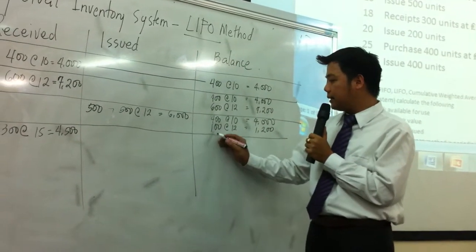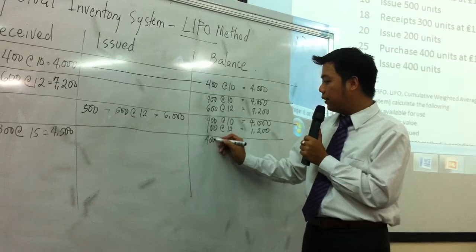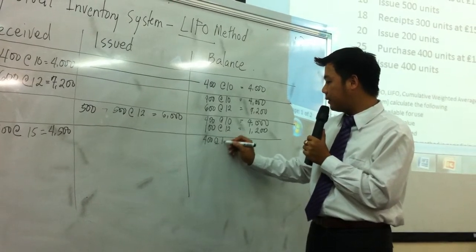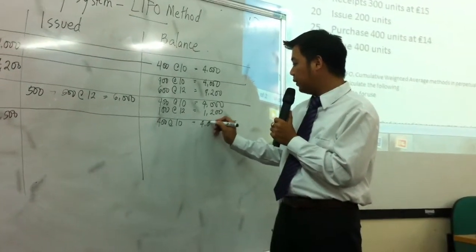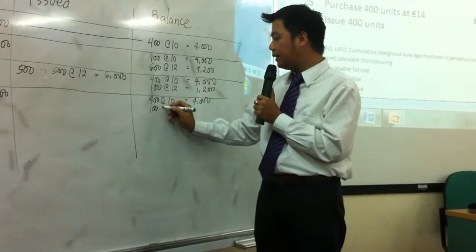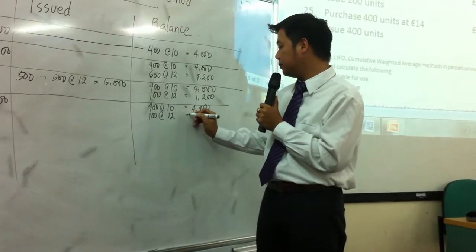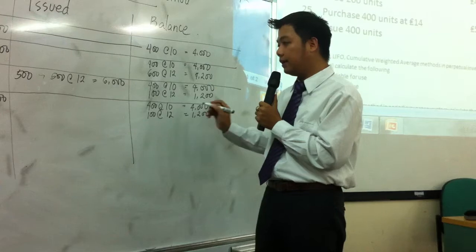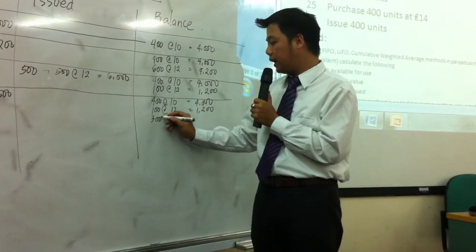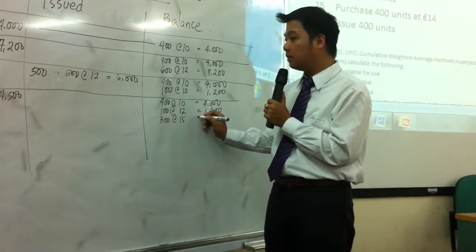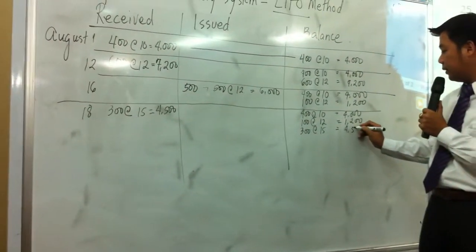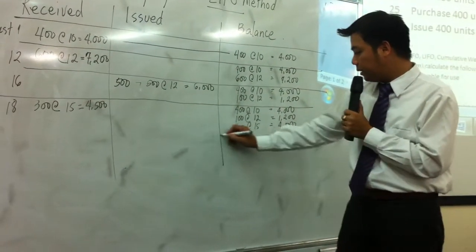Okay, so we just bring down again 400 at 10, and that is 4,000. 100 at 12, 1,200, and finally 300 at 15, 4,500. Okay, very simple.